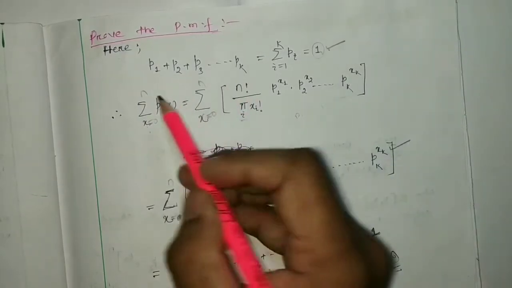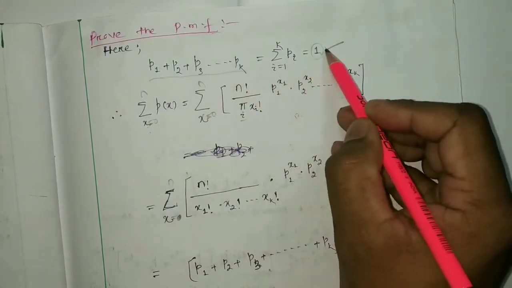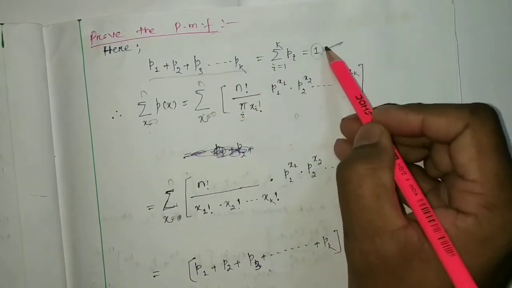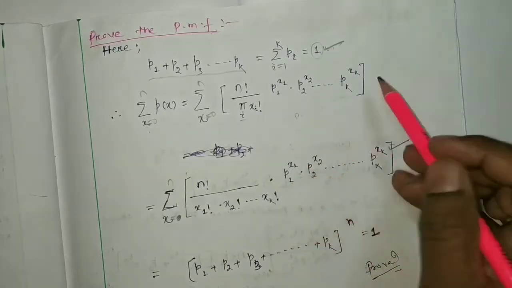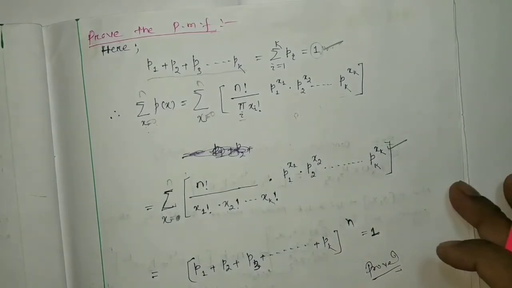Before that, we know that p1 plus p2 plus p3 up to pk is nothing but 1. This will be useful here to prove that the sum will be 1. It is a very simple step.